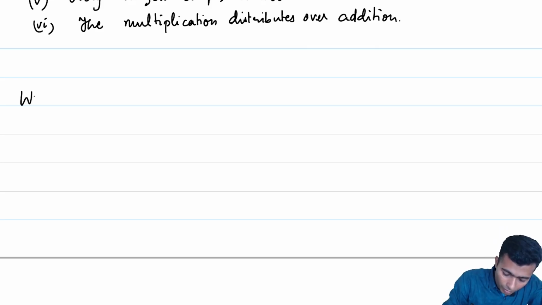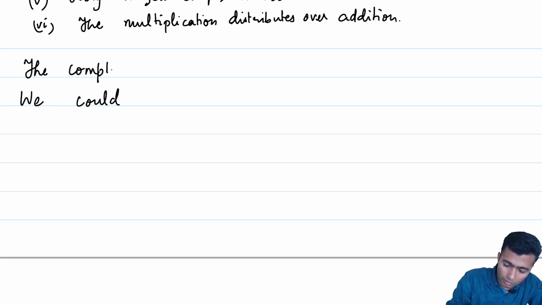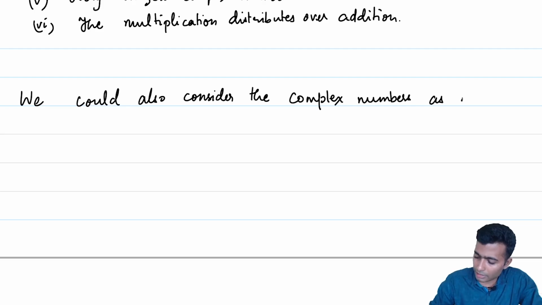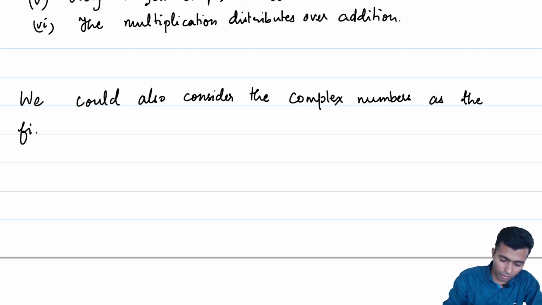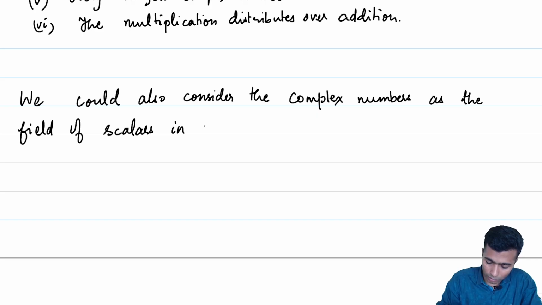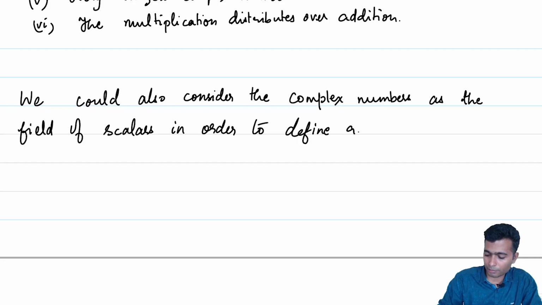So we could also consider the complex numbers as the field of scalars in order to define a vector space.